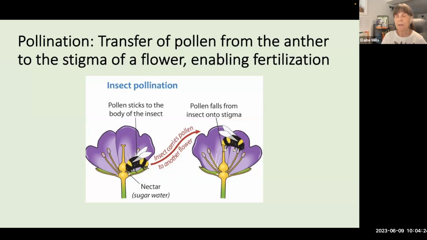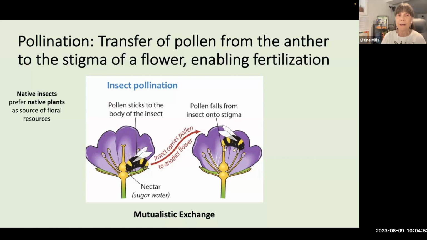Now, some plants are pollinated by the wind, but fully 3/4, 75% of our flowering plants rely on insects for reproduction. And this is a mutualistic exchange. Insects will be coming to visit the flowers for floral resources. Pollen may adhere to their bodies, and then it's carried to another flower to facilitate fertilization.